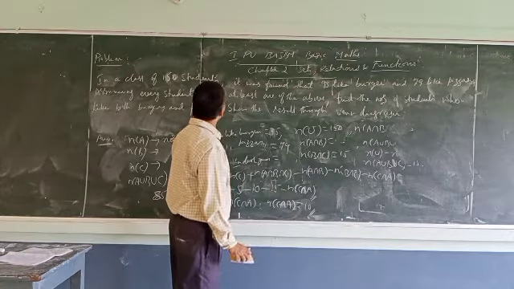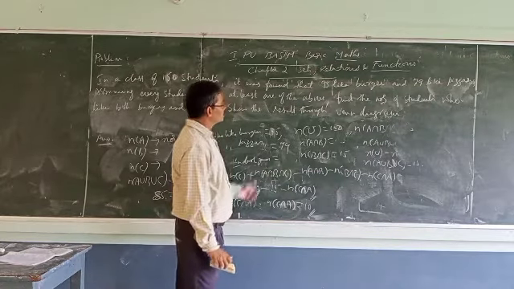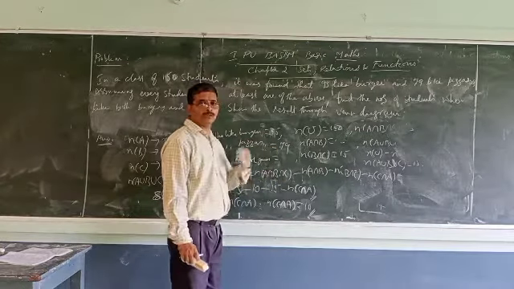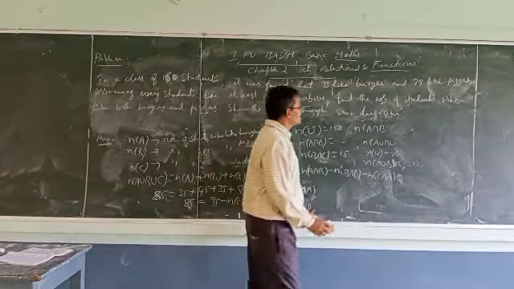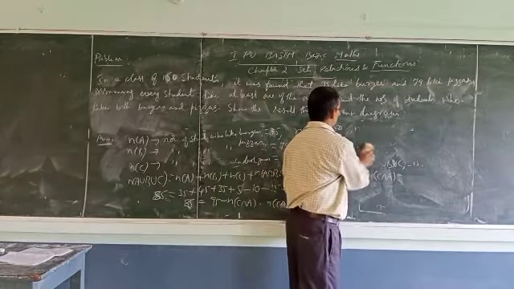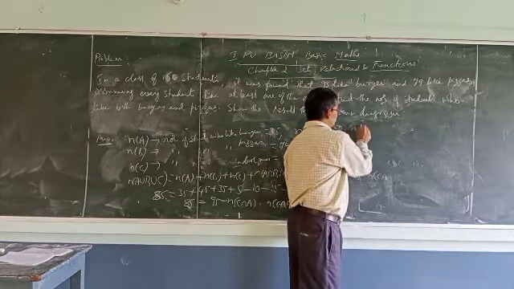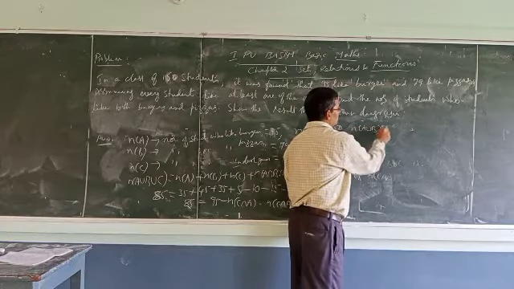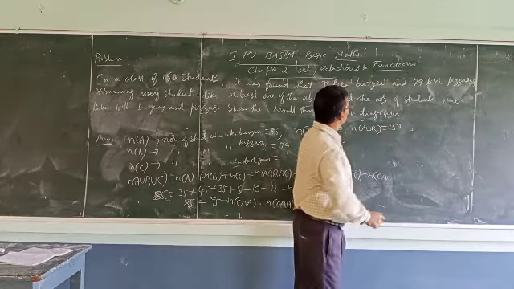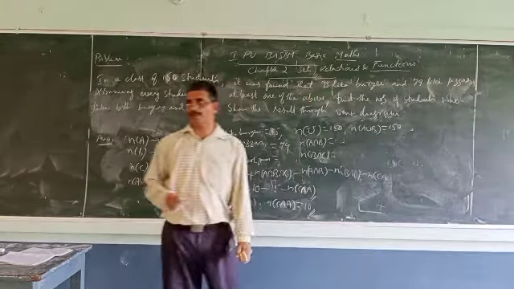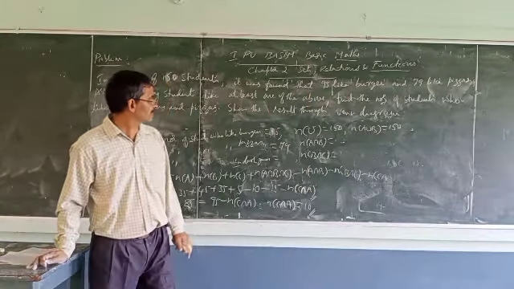Assuming every student likes at least one of the above, so n of A union B is also 150, because everybody likes at least one of them, either Burgers or Pizzas.